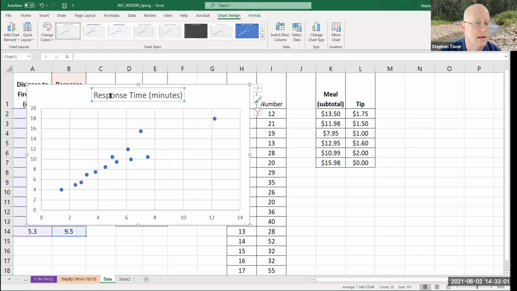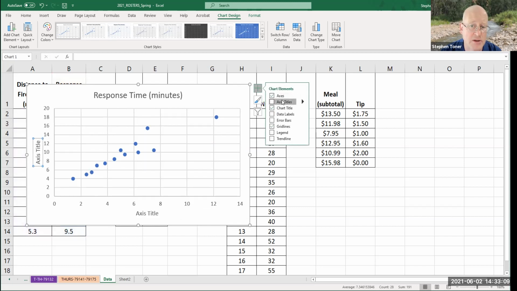And I can click on the top part and modify the title. And if I click on some of these side buttons here, it can allow me to enter axis titles. Notice I have a left axis here where I could enter in the response time and miles from fire station down at the bottom. It also gives me a choice to enter a legend or a trend line. Look at that. My regression line just showed up in the middle of that data.